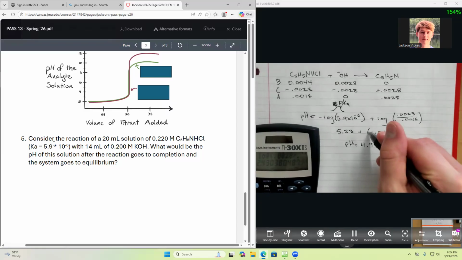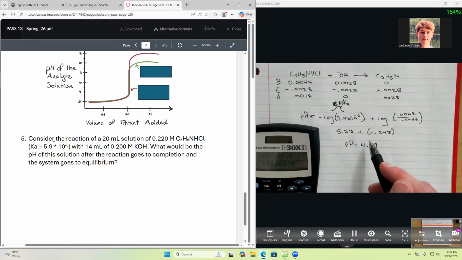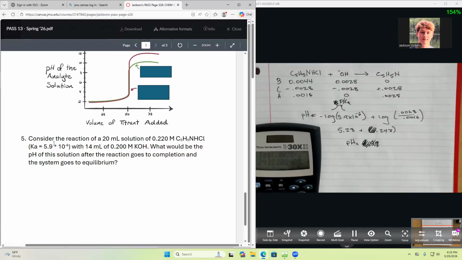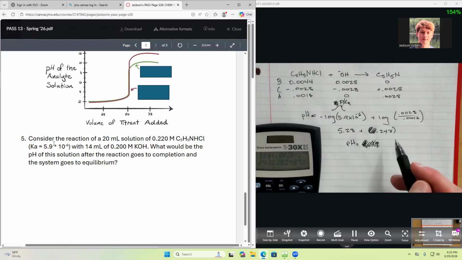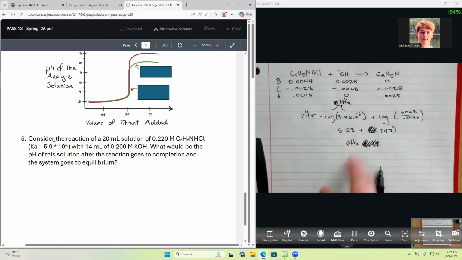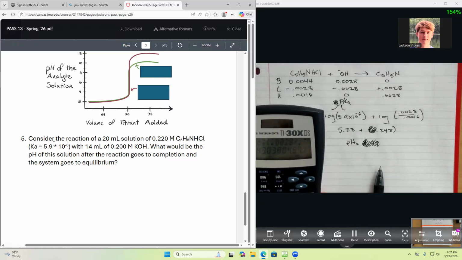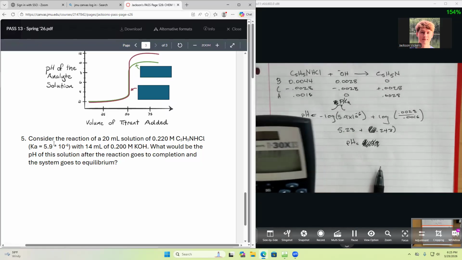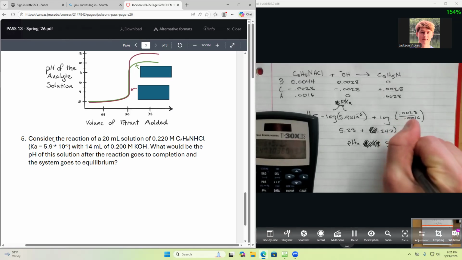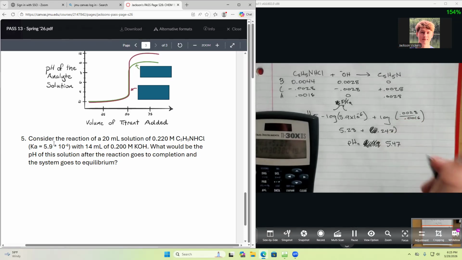This should be a plus value. Did you get that? I think I messed up here. It ends up being positive 0.243. All right, that's on me. So it should be 5.23 plus 0.243. Sorry about that. So the pH is actually 5.47.